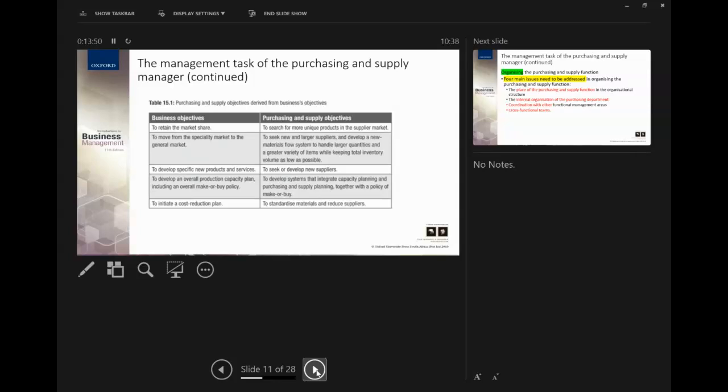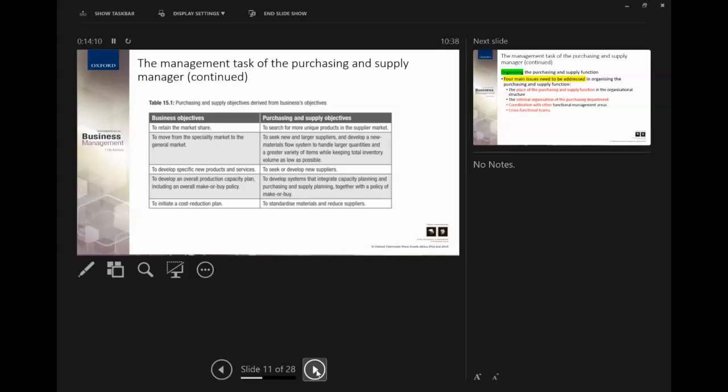Now here they're talking about purchasing and supply objectives derived from business objectives. Okay, so we'll just read a few of them because I think they're very self-explanatory and you can go over these things in your own time. For instance, market share.